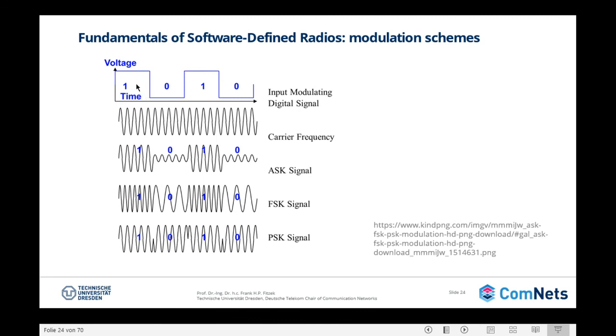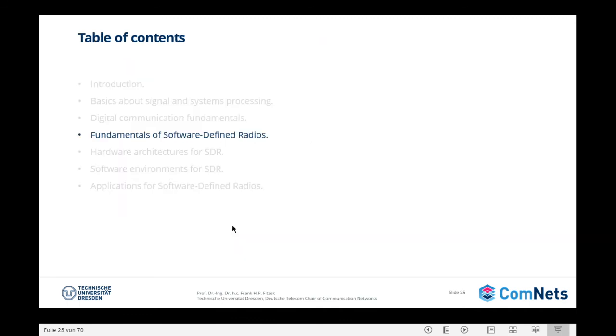So as we have a bit stream of 1, 0, 1, 0, we have three different changes. Here we have a phase shift. Here we have another phase shift, and finally here we have another phase shift.